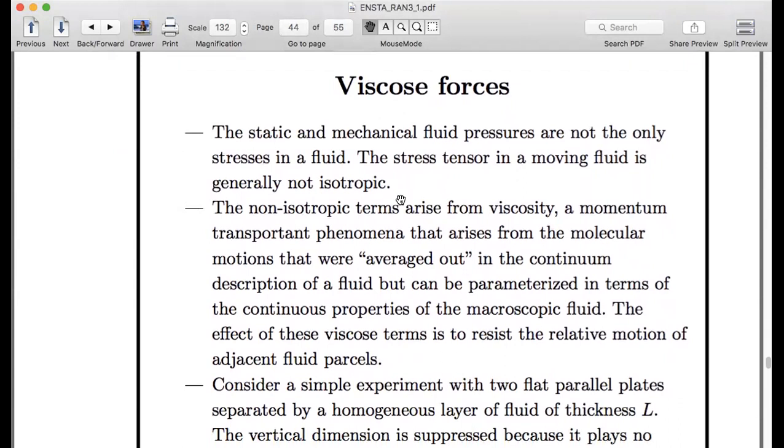So let's now talk about the viscous forces. The static mechanical pressure, fluid pressures are not the only stresses in the fluid. We can have, especially when the fluid is moving, or parts of the fluid are moving relative to other parts of the fluid, a stress tensor that is not isotropic.